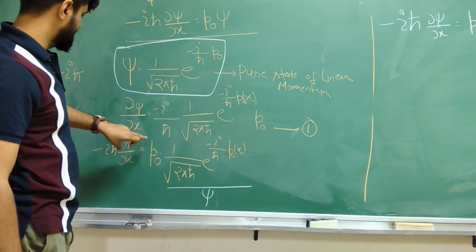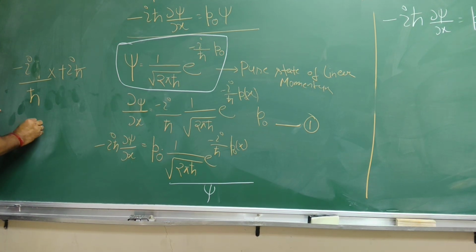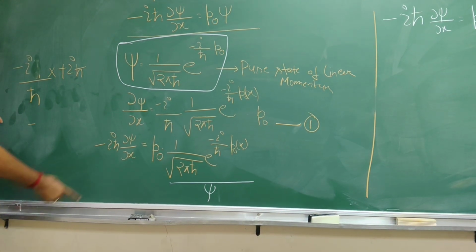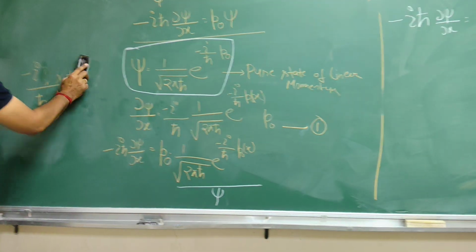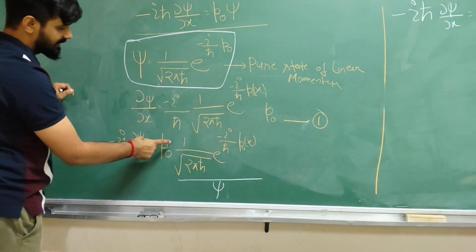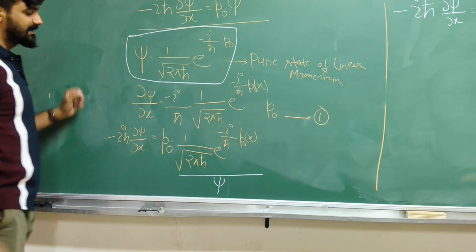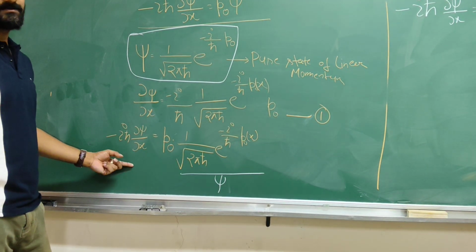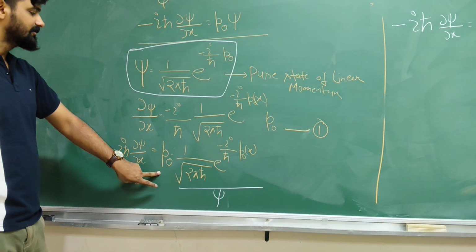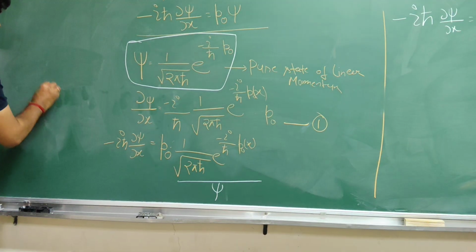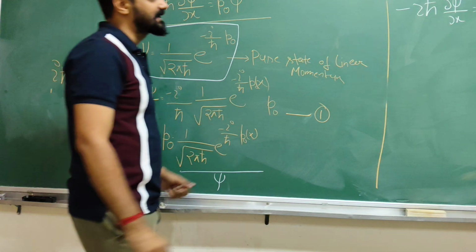If you multiply with positive, that will be minus. Anyway, you will get a negative sign over here. Ultimately you will be getting a negative sign because of this i square term. So ultimately you are going to get the minus iħ ∂psi/∂x only, if you multiply with iħ.